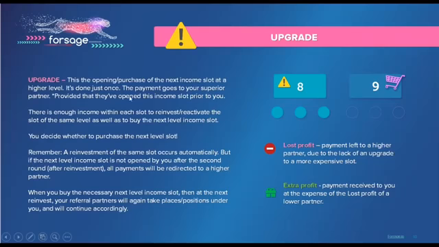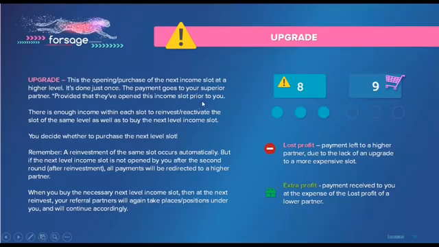So again, the payment will go to your superior partner. It's as if you're buying a license for that next income position. So you can think of it as taking on that next income slot yourself, which allows you to then be paid from referrals, typically from your own referrals, once they buy up that next income slot, provided that they have opened it up.